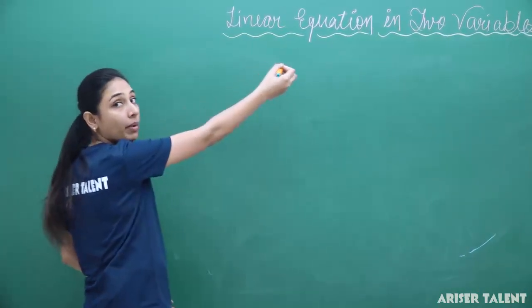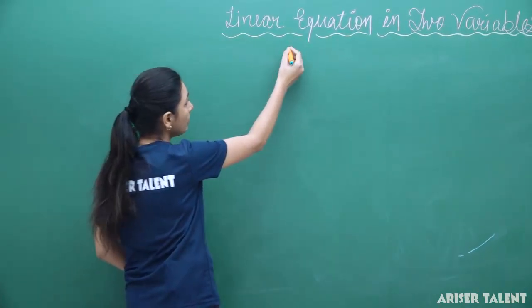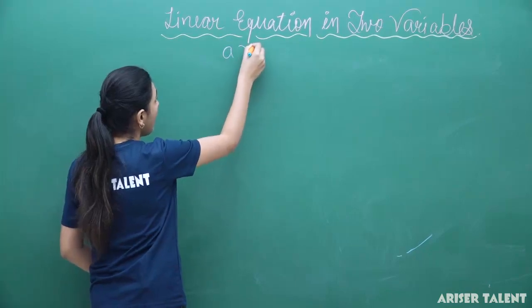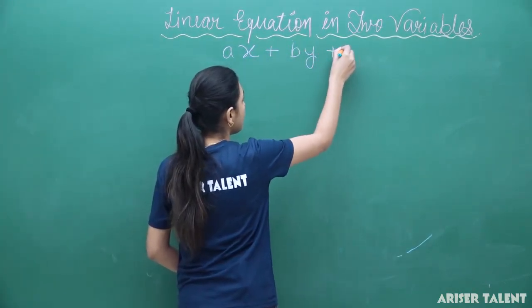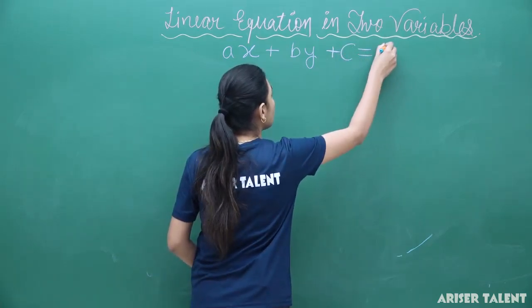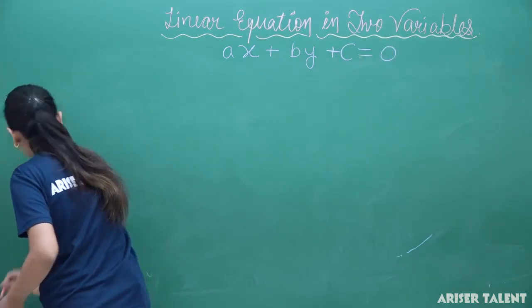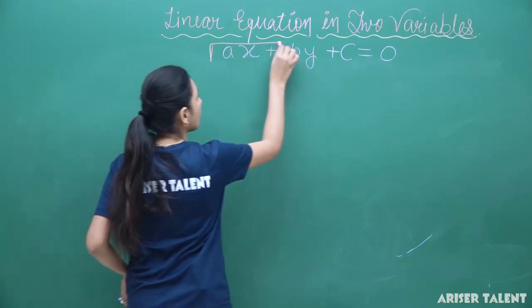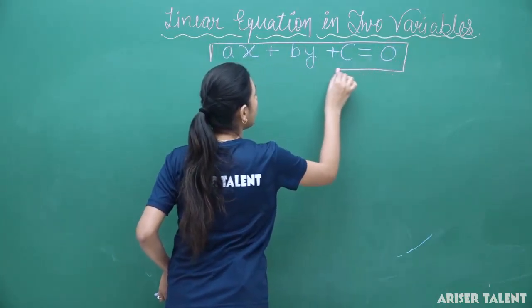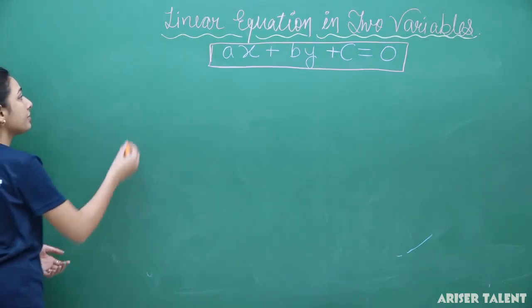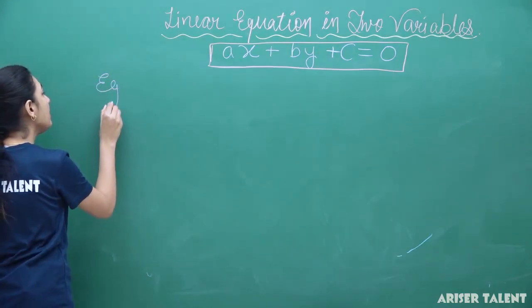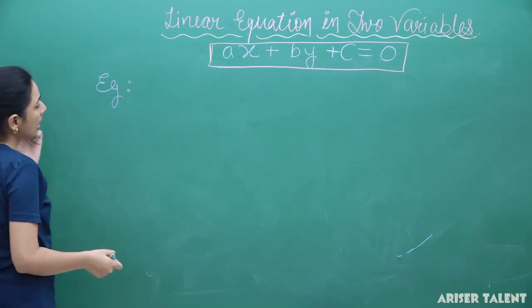So I'm writing that format here, right, just below this, ax plus by plus c equals to 0. This is what our format is for linear equation in 2 variables. Understood?